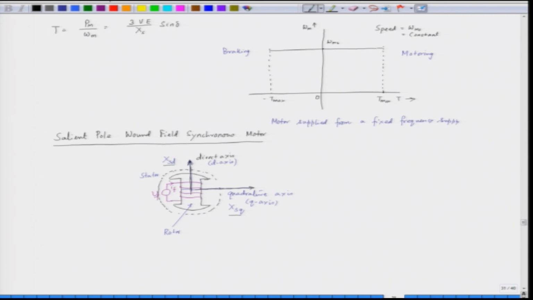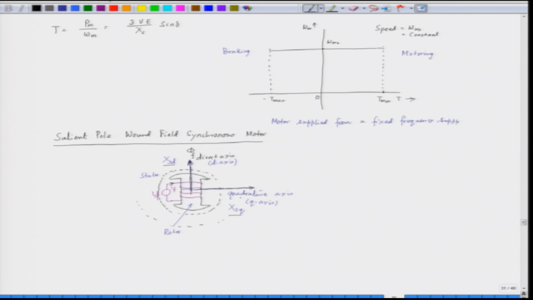Now, we have a field excitation in this case, and the field excitation produces a flux in the direct axis. So, this is the direction of the field flux phi_f, and we have the stator. The stator is also a cylindrical stator, surrounding the rotor.